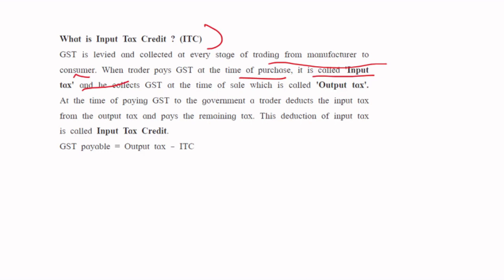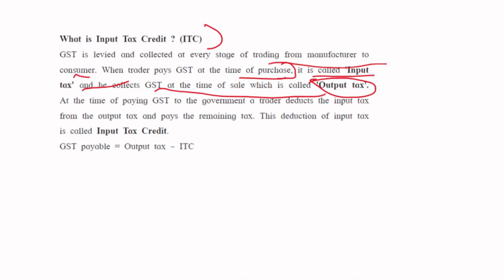The taxes he pays to the manufacturer become an input tax, and the same taxes he collects from the retailer become output tax.